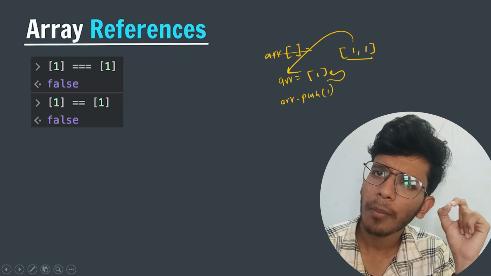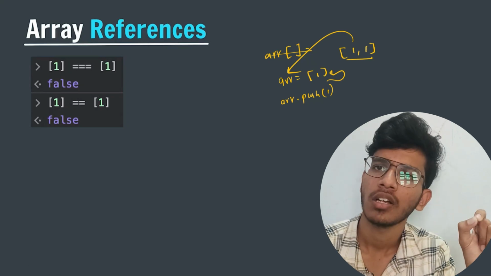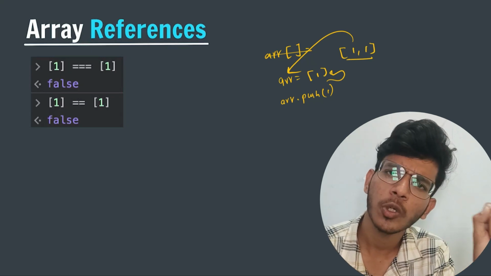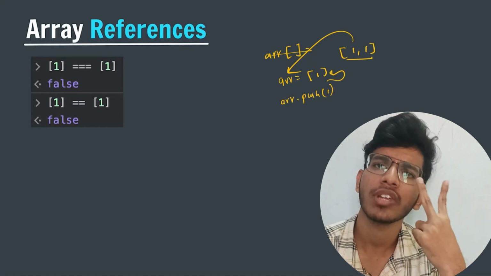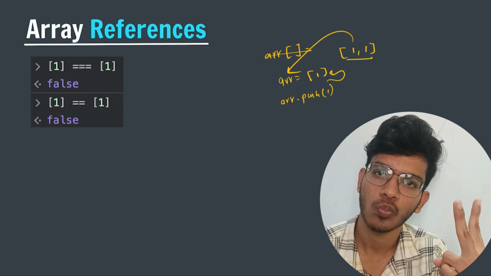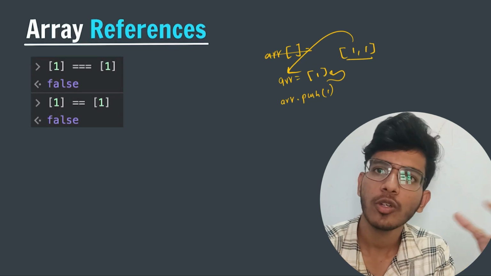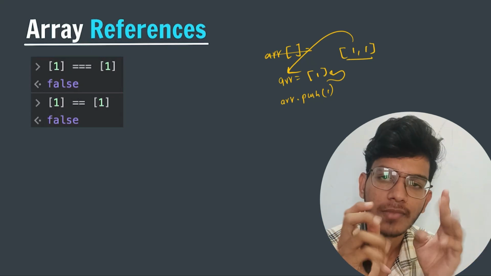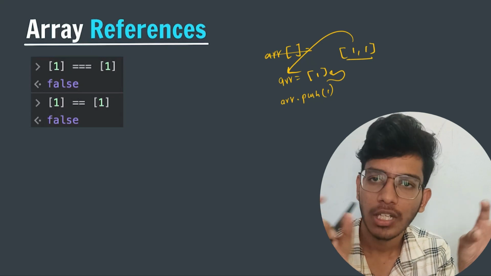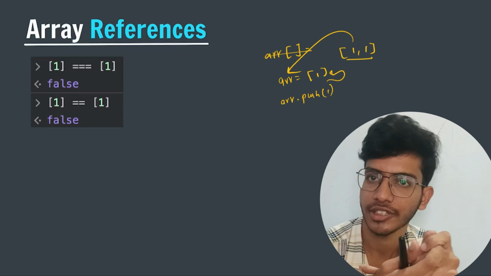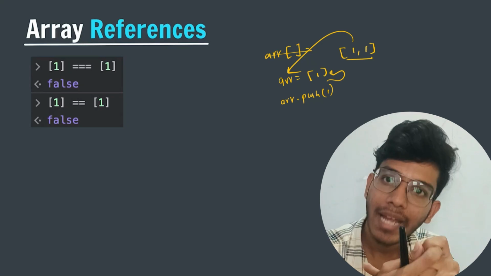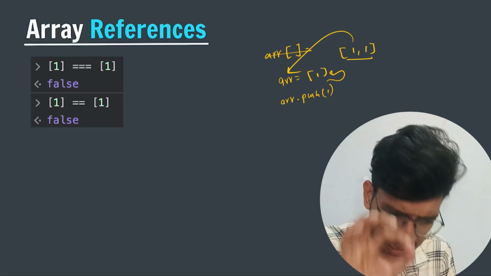Now if you compare two arrays, it will immediately give you output as false, whether it is double equals or triple equals. Irrespective of that, even though the values are the same, if you compare two arrays, it will give you the value as false. Why is this? Let me tell you what I mean.